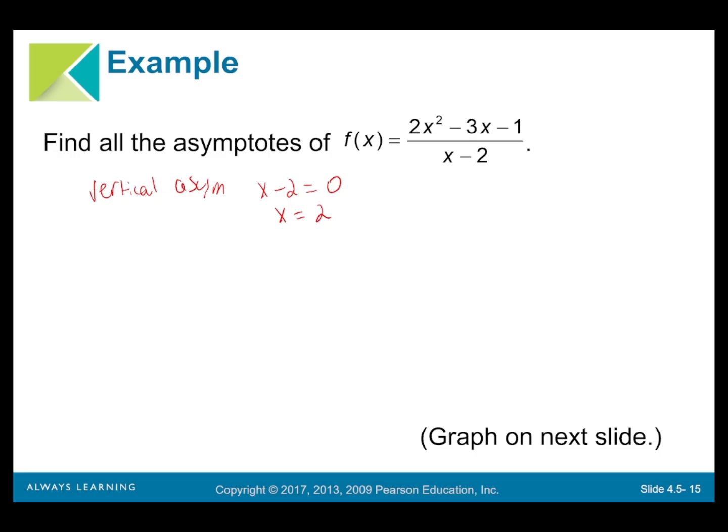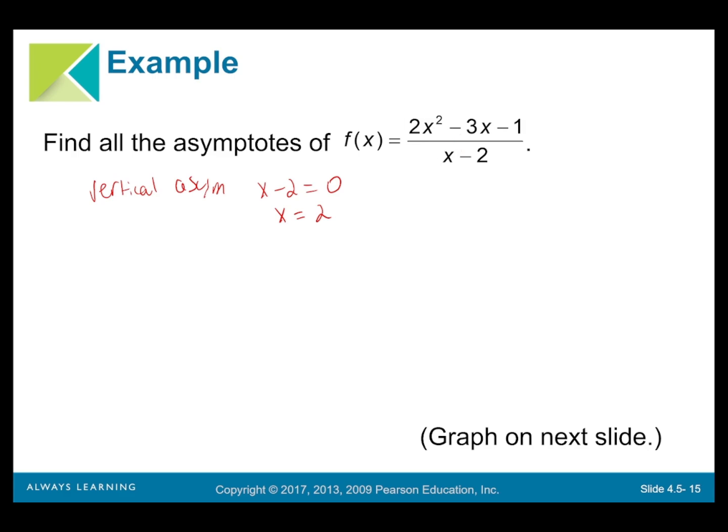Now we want to think about, is there a horizontal asymptote or is there an oblique asymptote? And we can only have one of those two. Notice I have a 2x squared on top and an x on bottom. Those differ by exactly 1 degree. x squared is 1 degree larger than x. And so I know I can have an oblique asymptote here.